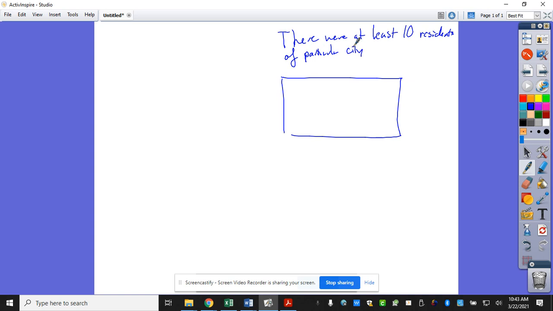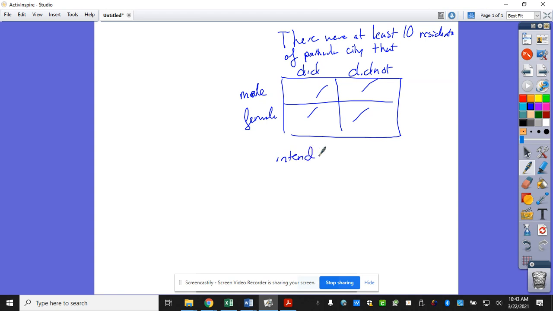There are at least 10 residents of a particular city that were that. And the did not was intend to vote for Obama, right? In 2000.